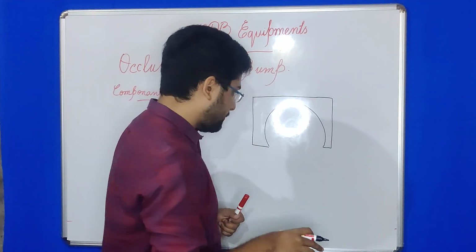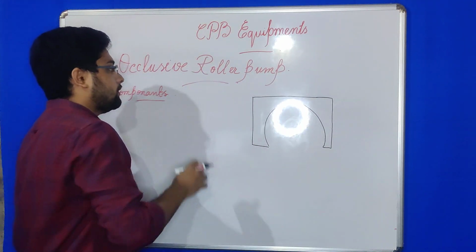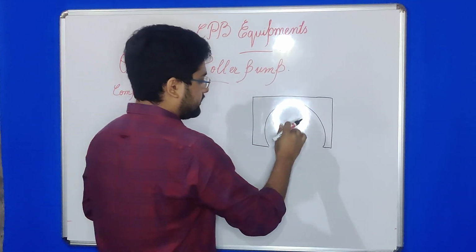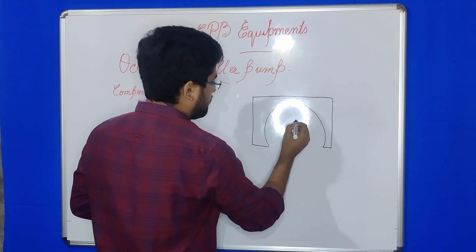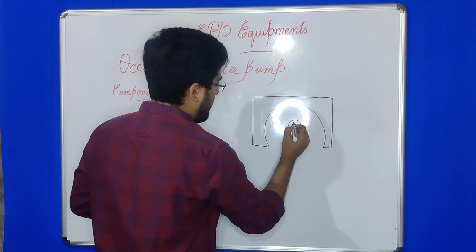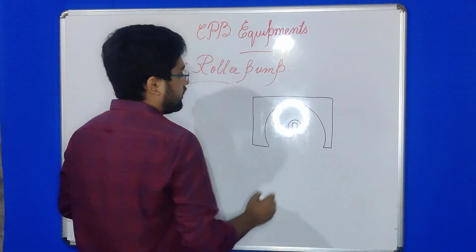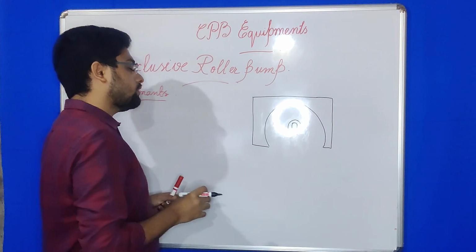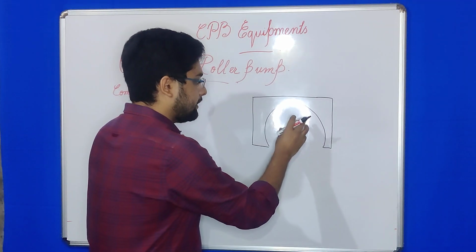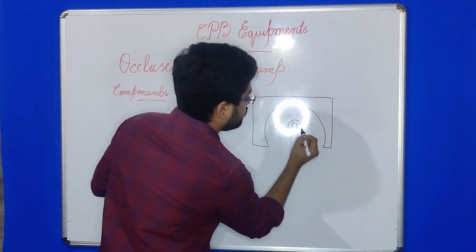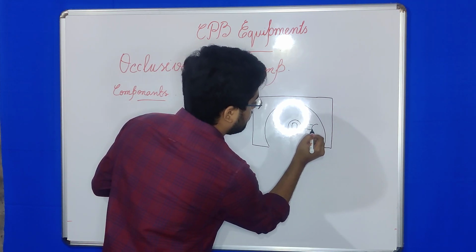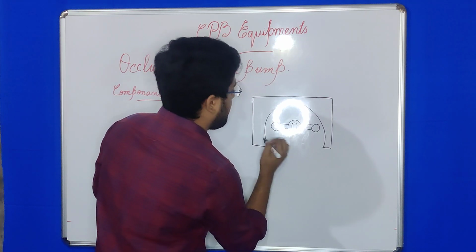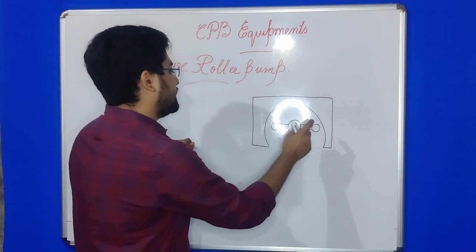So if we see from above, our roller pump seems something like that, where this is the occlusion control regulator or occlusion controller knob, which is in the middle, and two rollers in two opposite sides.